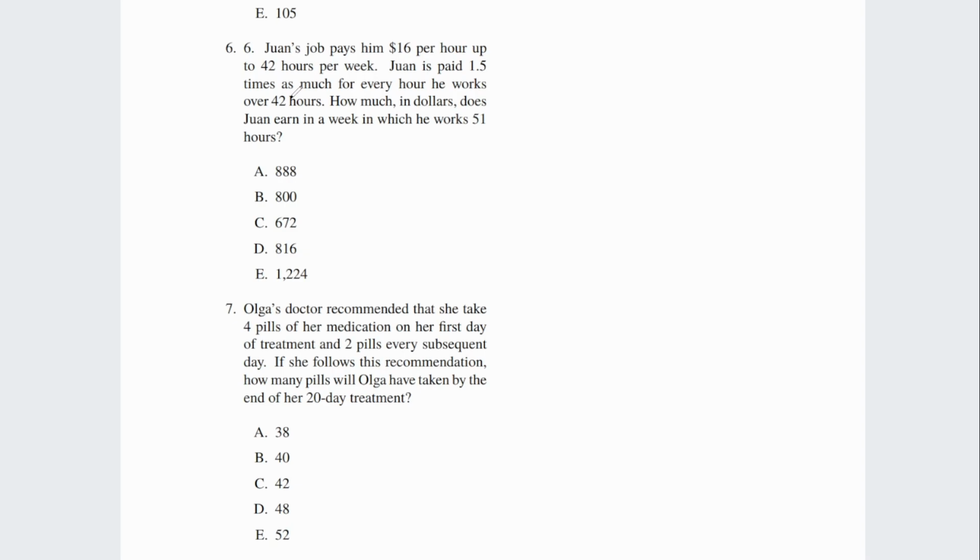Okay, so we know that the first 42 hours that Juan works, he's going to be paid $16 per hour. So the first 42 hours is going to be 42 times $16.